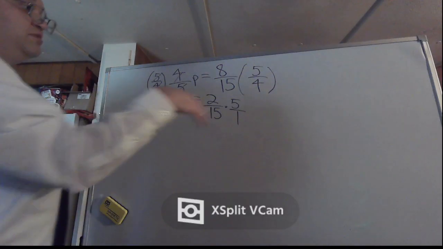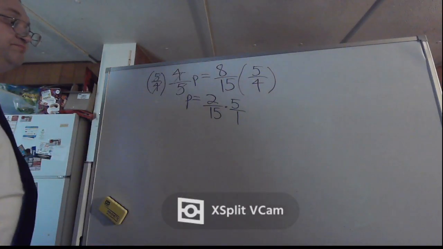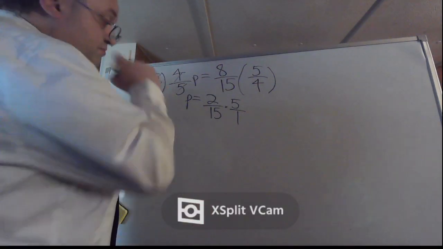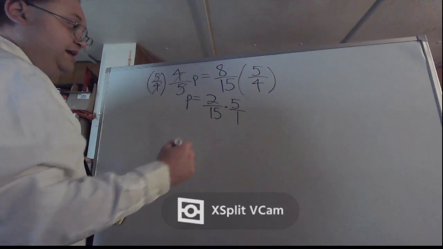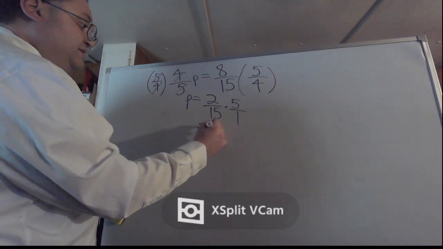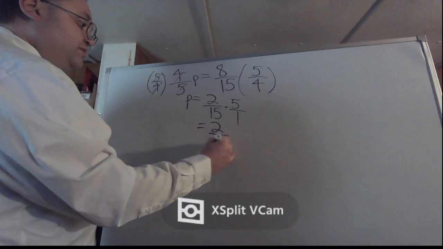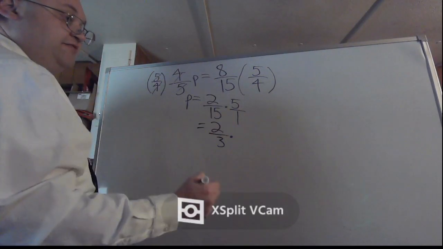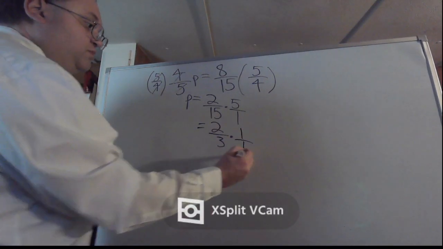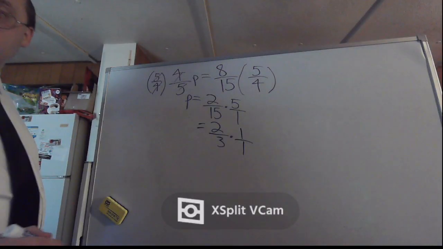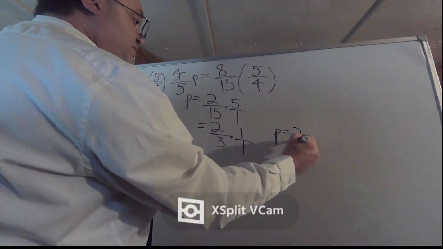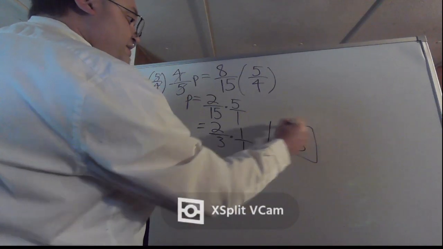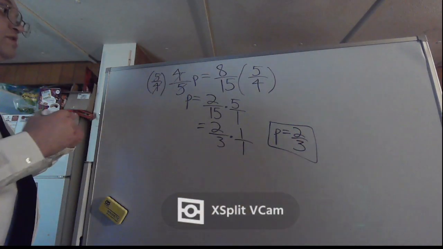Now we need to deal with 5 and 15. So 5 goes into 15 how many times? We divide 15 by 5, we get 3. So that's going to be equal to 2/3 times, if we divide 5 by 5, we get 1, times 1 all over 1. So p is going to be equal to 2/3. And that will be your final answer.